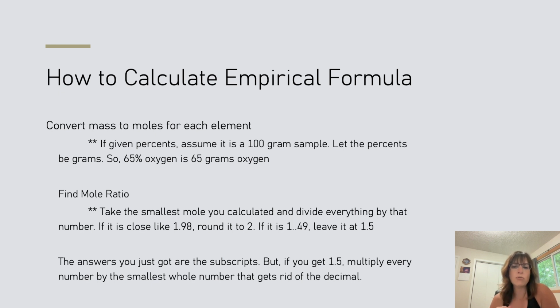Those answers you just got are your subscripts. But you would never use 1.5 as a subscript. So you multiply by the smallest number that it takes to get to a whole number. Well, 1.5 times 2 is 3. Sometimes you multiply by 3. Very seldom do you have to multiply by a bigger number than that.